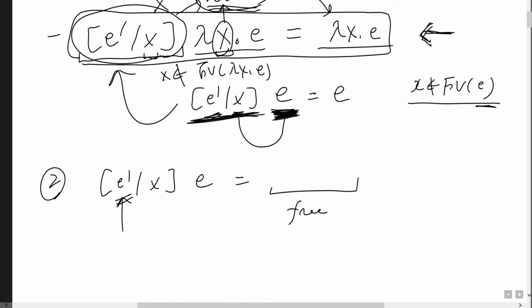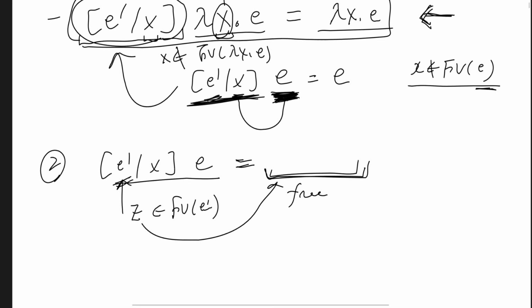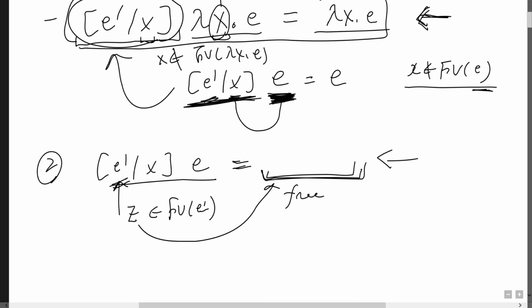So let's just say there's some variable z here, and it's a free variable. So z is in the set of free variables of the expression e prime. Then after applying this substitution, z is still a free variable in this expression. That's the second property. To better understand the second property, let's try to complete the definition of a substitution in the last case.